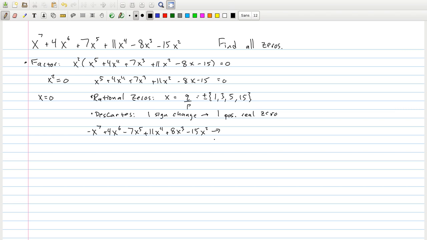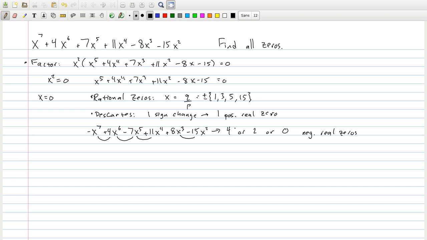If we count the sign changes here, I see we've got 1, 2, 3 sign changes, then it stays the same, and then we've got one more. So there are 4 sign changes, so that says that we have either 4 or 2 or 0 negative real zeros.